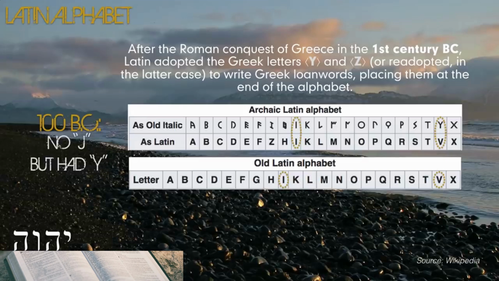In 100 BC, after the translation of the Greek Septuagint, which is really the Old Testament translated from the Hebrew into the Greek, 100 years earlier, still no J in Latin, none.